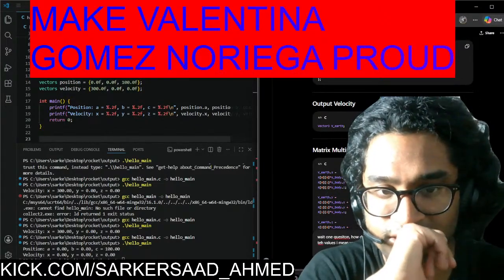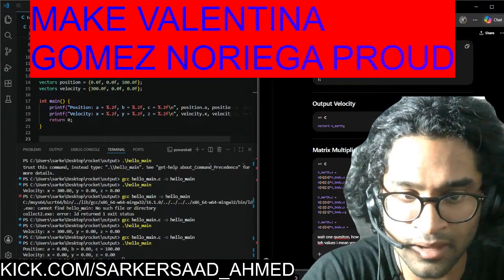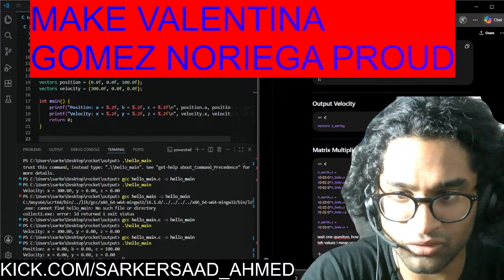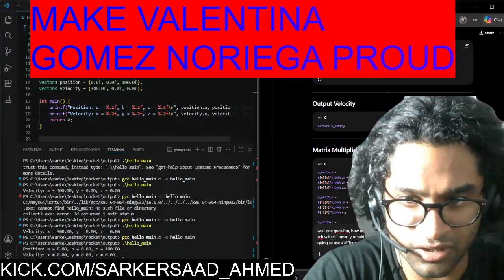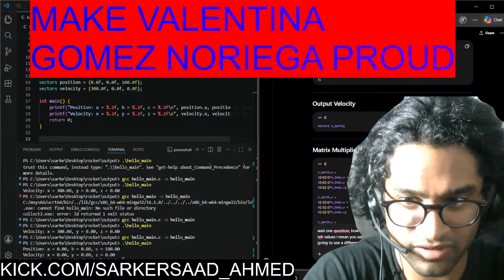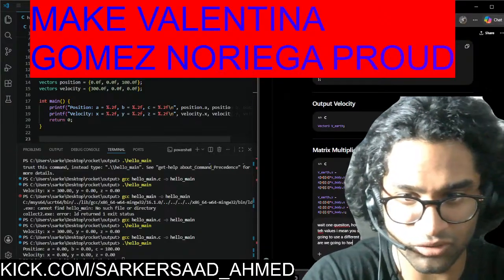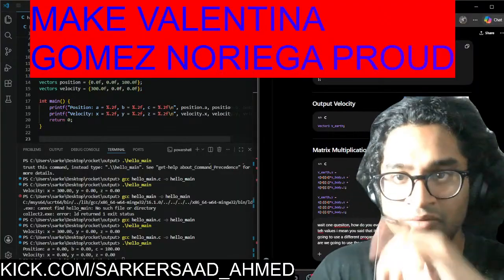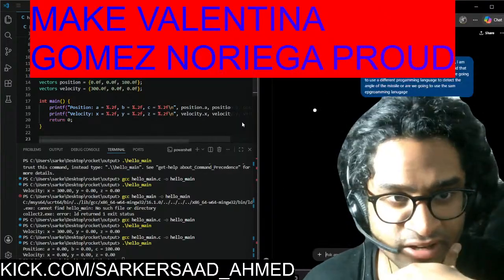Python doesn't detect that. Does MATLAB do it? Are we going to use a different programming language to detect the angle of the missile, or are we going to use the same programming language? Because how do you even get the values?